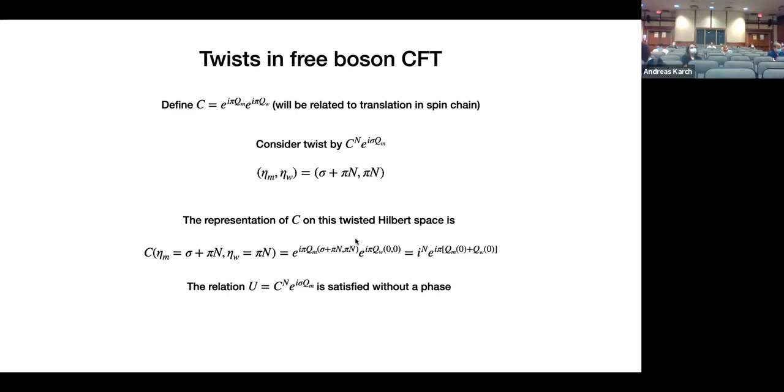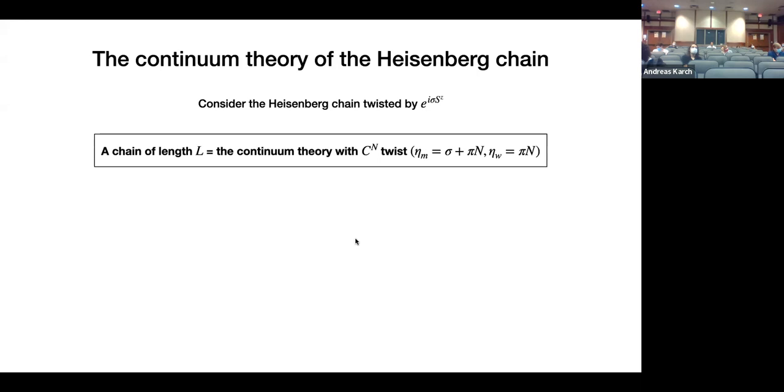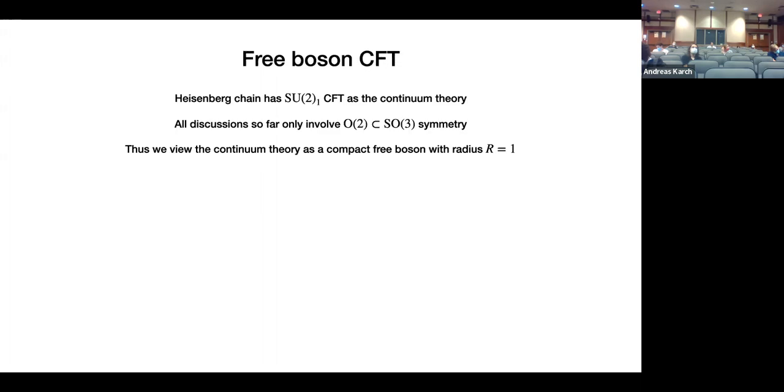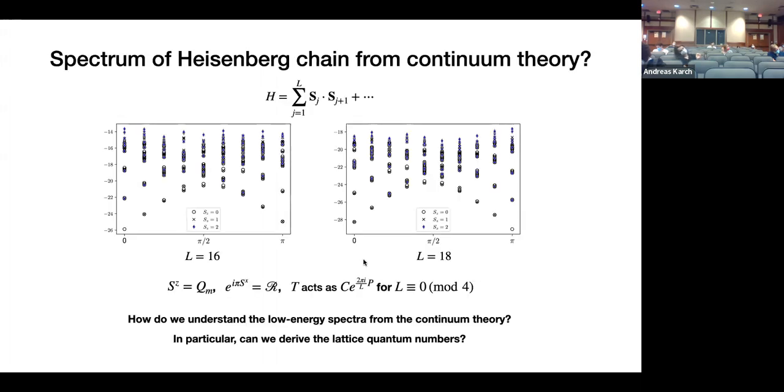All right, so far everything's in continuum. So now let's connect this back to the Heisenberg chain. Okay. So unfortunately, I have to go back a few slides because it's only written there. So now I've introduced all the notations, but first let's quickly remind ourselves how the symmetries act in the continuum. On lattice, we have SZ conservation. The SZ charge is identified with a momentum charge in a continuum theory.